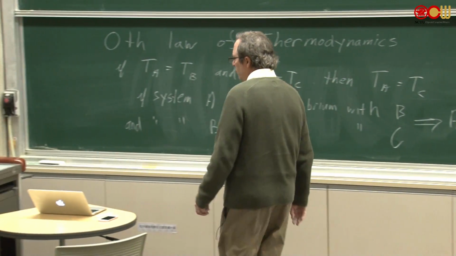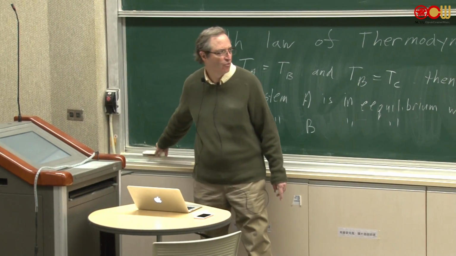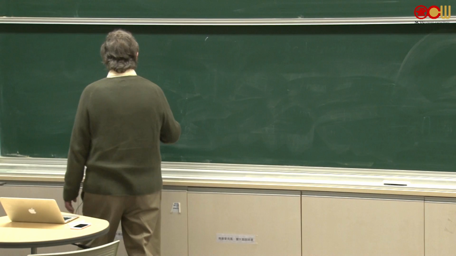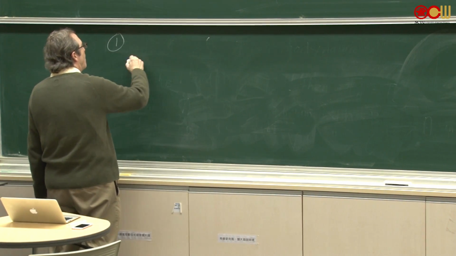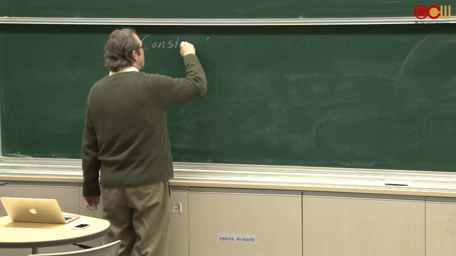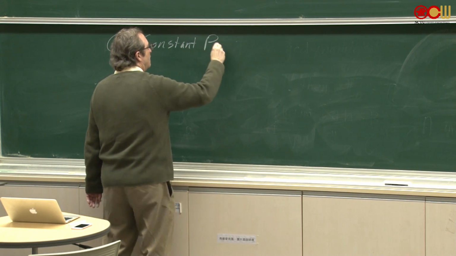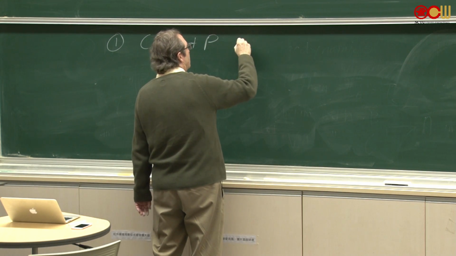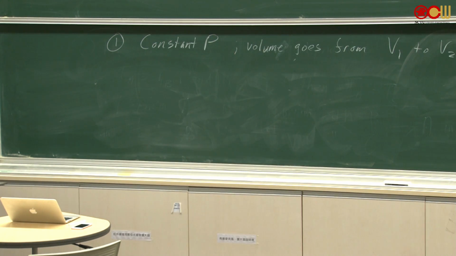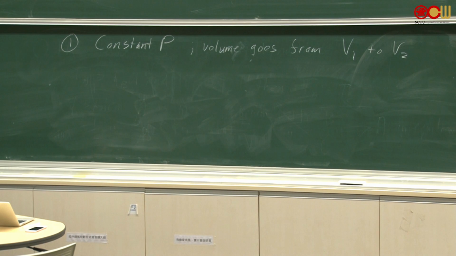Well, let's do a few exercises to see how this works. So we're going to do a bunch of examples. The first one is constant pressure, constant P, about the simplest case you can give.